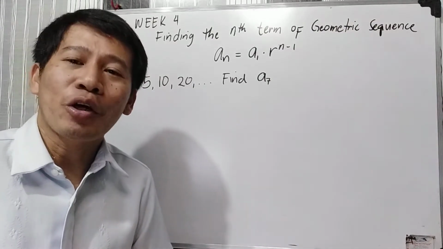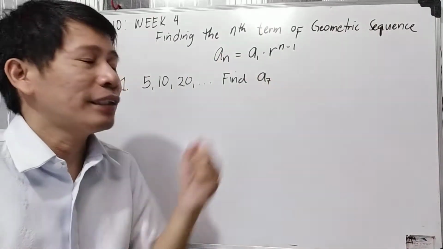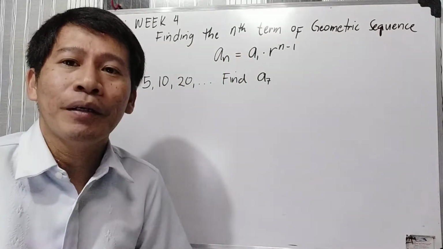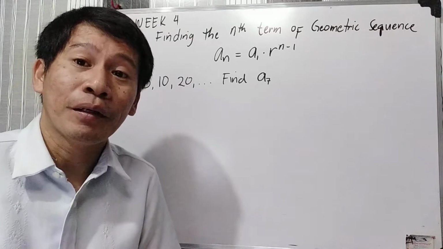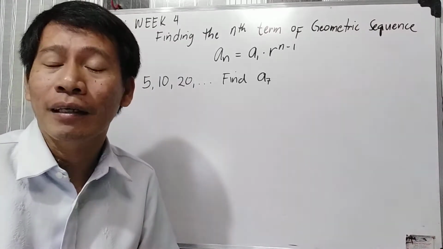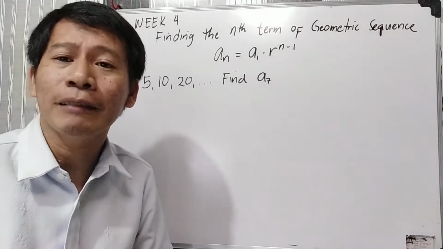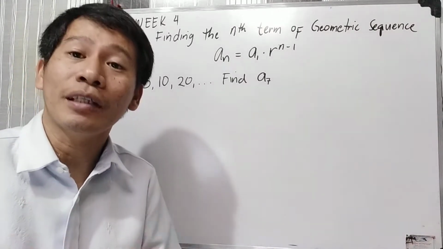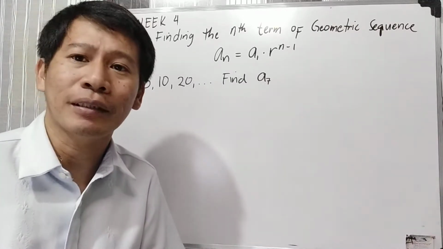At this point, we're going to have finding the nth term of a geometric sequence. When we say finding the nth term, that means you're going to find a specific term in a given geometric sequence. Let's say you're going to find the 7th term, the 10th term, or the 20th term in a given geometric sequence.